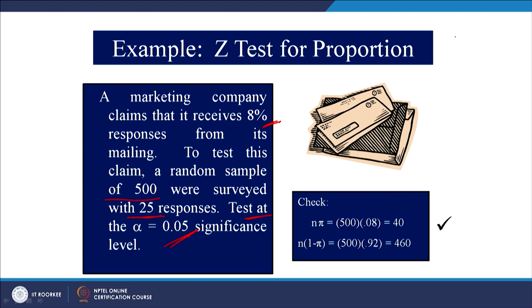So, you have to take a couple of decisions before solving this question. You need to first frame what is your null hypothesis and alternative hypothesis, right. And then whether you would be using t test or z test, right.